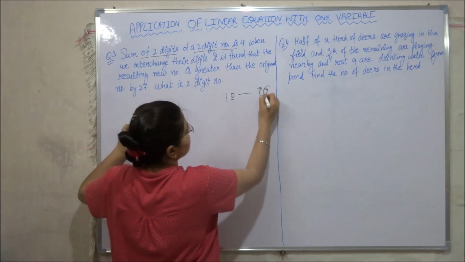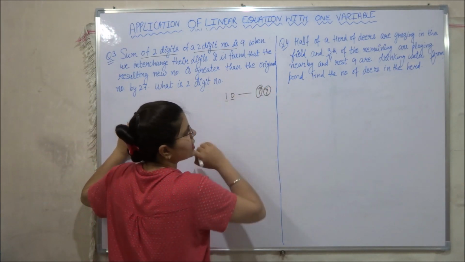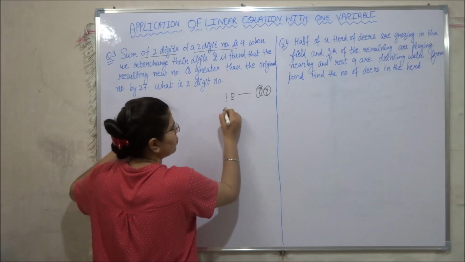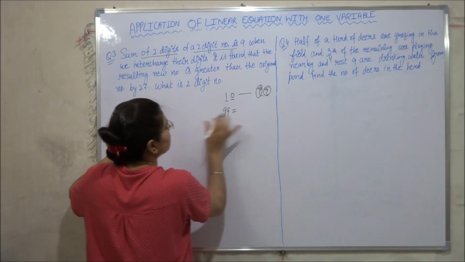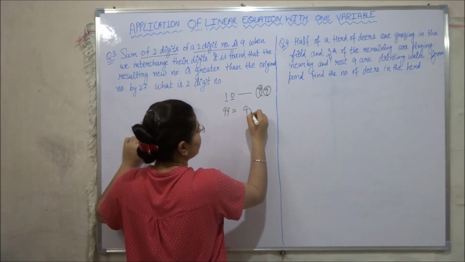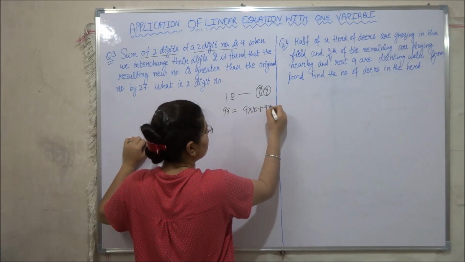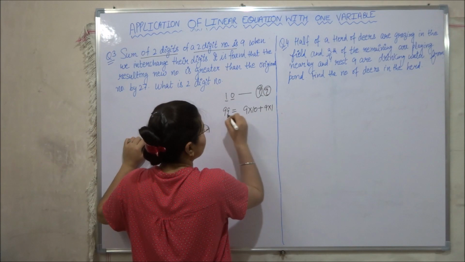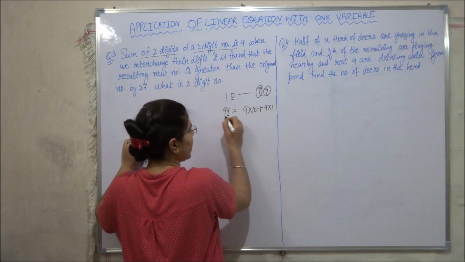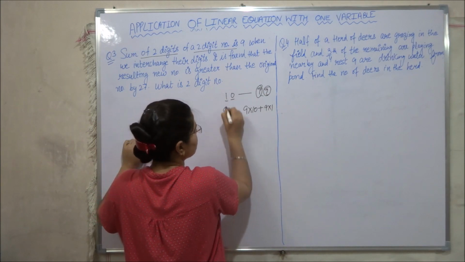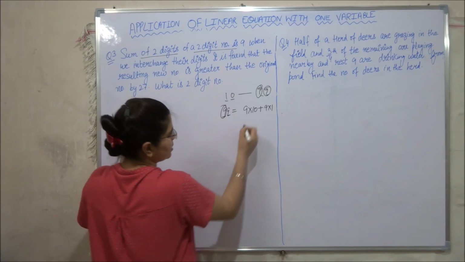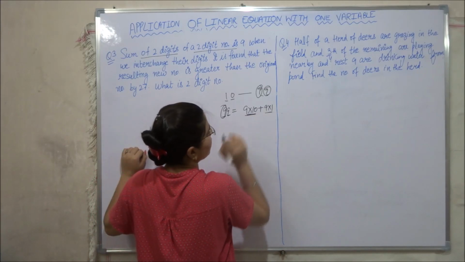So here this is our unit place and this is our tens place. Now if we want to write 99 in the simple form, then we can write it 9 into 10 plus 9 into 1. So 9 is at a unit place and this 9 is at a tens place. So 9 into 10 plus 9 into 1.